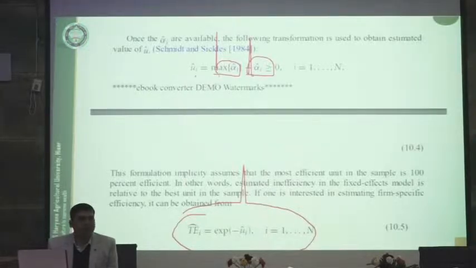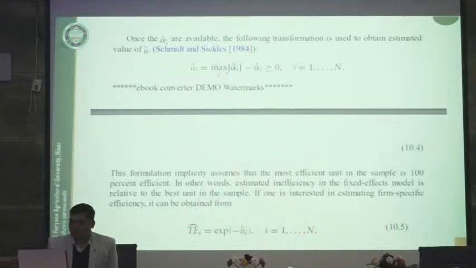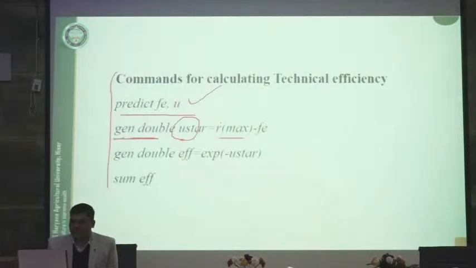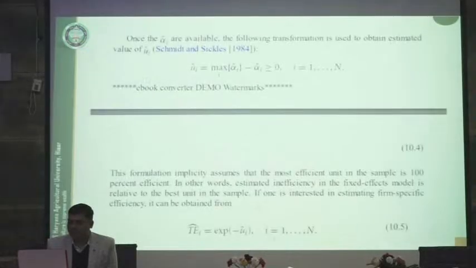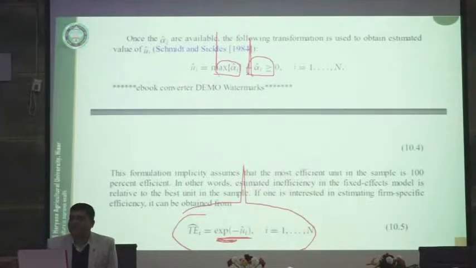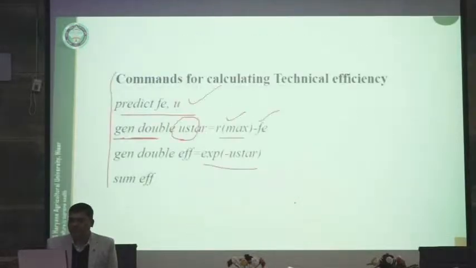This is the formula for u star. So we find the maximum value minus that u value, and then take the exponential of that. This is the formula: exponential of minus ui cap. So we have used this formula over here.